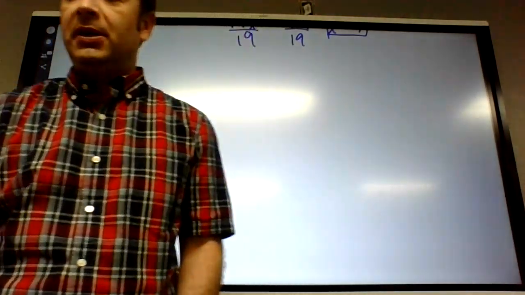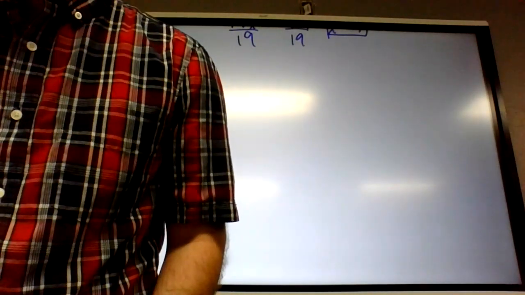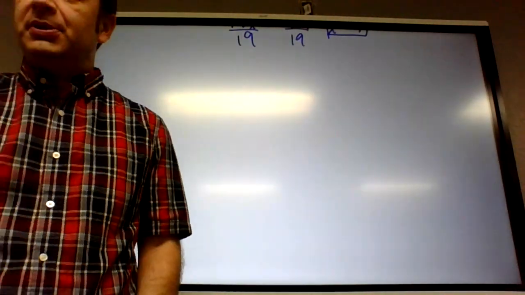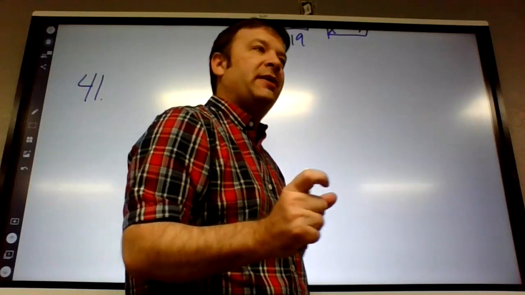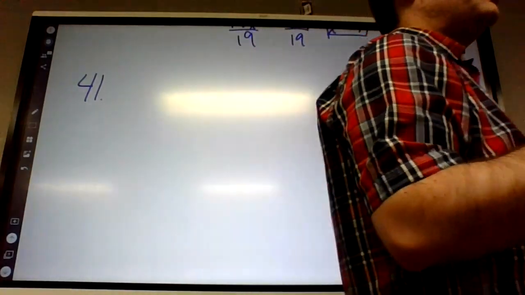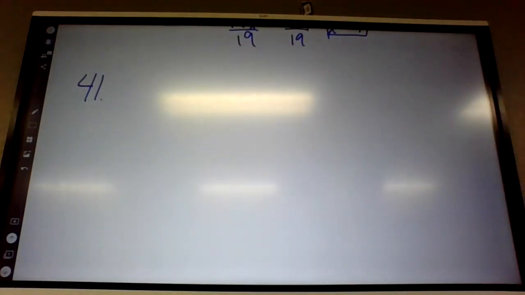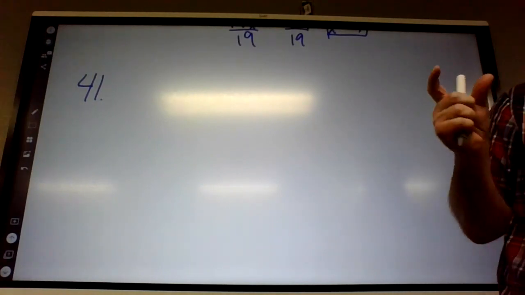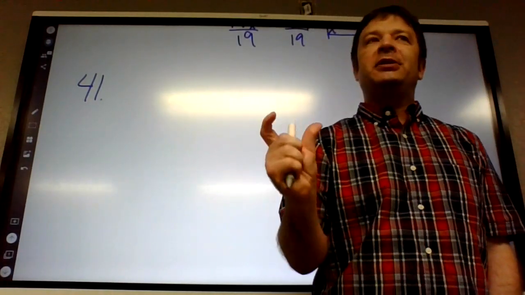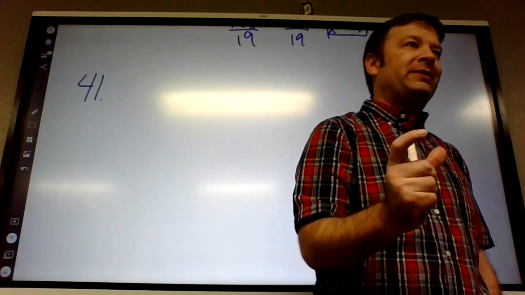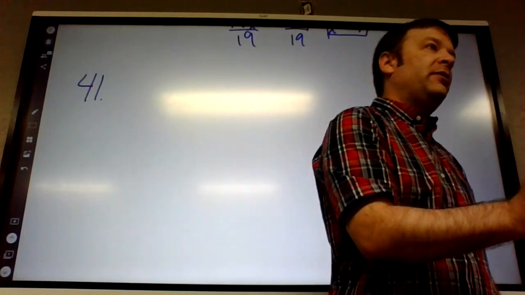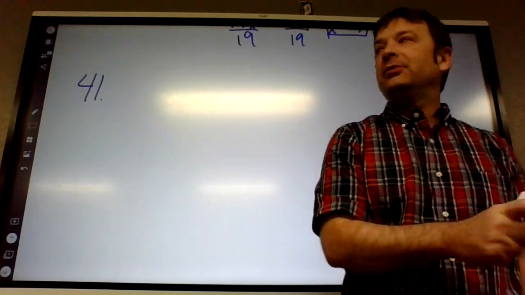What's it saying? 13 papers is 1/7 of his route. Okay, that's basically what it's saying. 13 papers is 1/7 of his route.